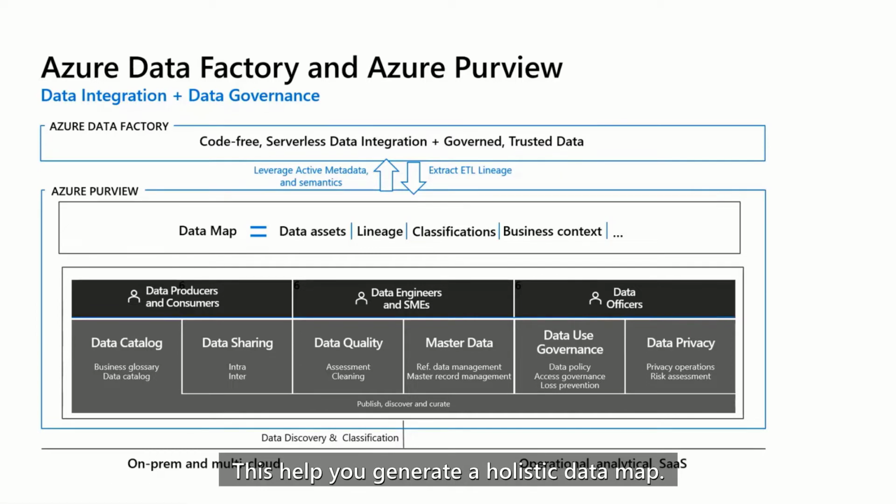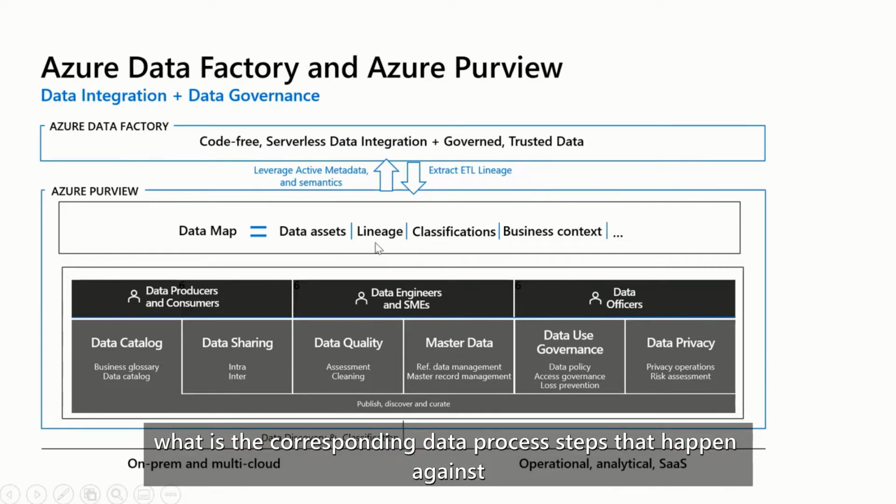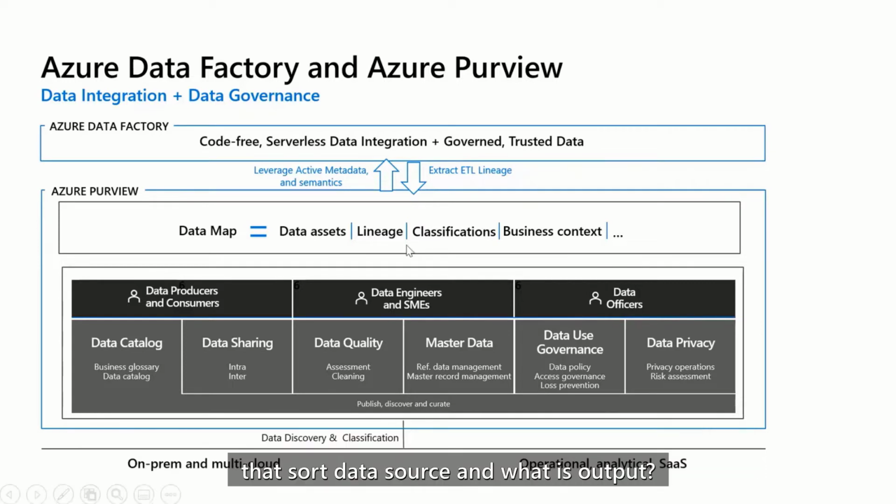This helps you generate a holistic data map, where you can see where the data source is, what the corresponding data process steps were against that data source, and what the output locations are, etc.